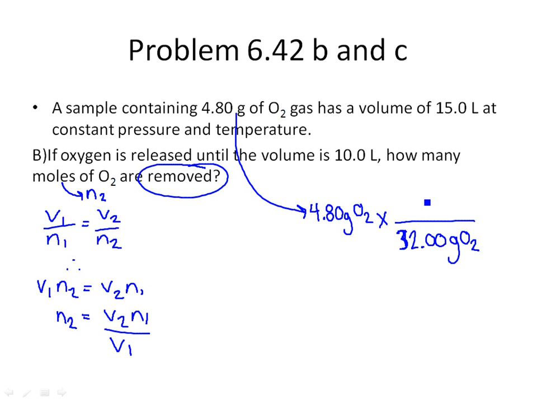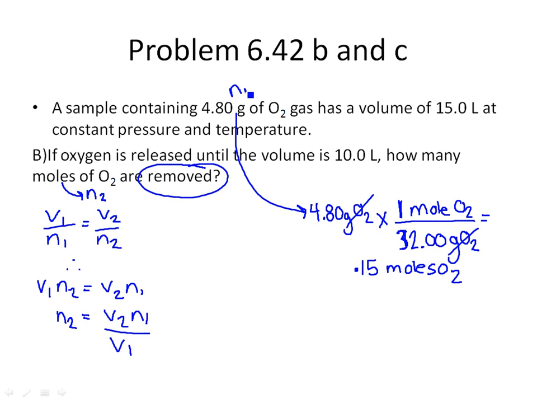So you would have 32 as your molar mass, and that's always out of 1 mole. Our grams cancel, and we're left with 0.15 moles O2. This is our N1.